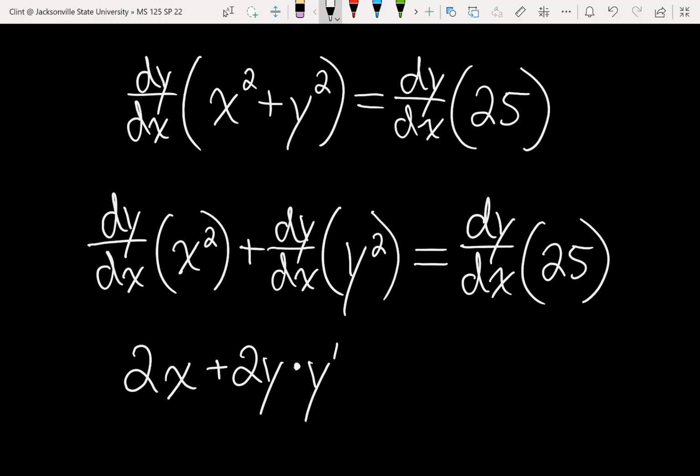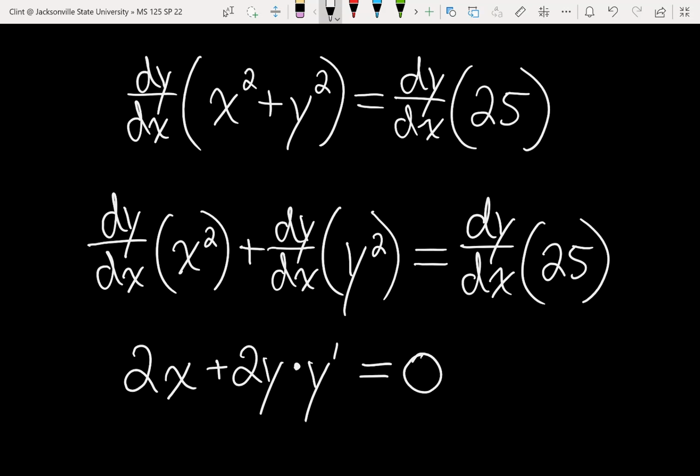I'm kind of mixing notations here for clarity. And then the other side's easy, luckily. We're taking the derivative of a constant, so it's 0.